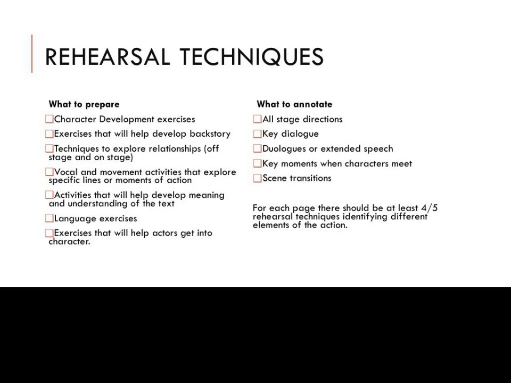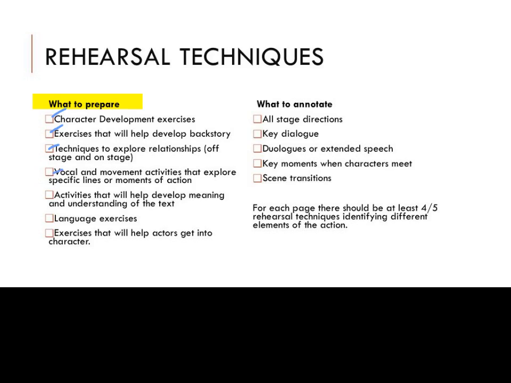Now, this is just recapping, and I hope that by now you have completely and utterly filled up your script with annotations. But here are some key areas which you need to focus on. Firstly, you want to make sure that you've prepared well enough by thinking of a wide variety of character development exercises, exercises that help you develop backstory for the characters, given circumstances, improvisations, techniques that help you explore relationships both off stage and on stage, vocal and movement activities that explore specific lines or moments of action.